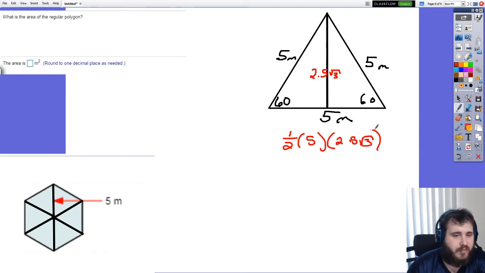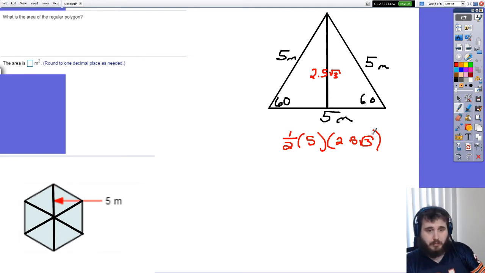And then from there, this is one triangle, and I just want all 6, right? So you're going to take 1/2 times 5 times 2.5 radical 3 in your calculator, come up with what that is.